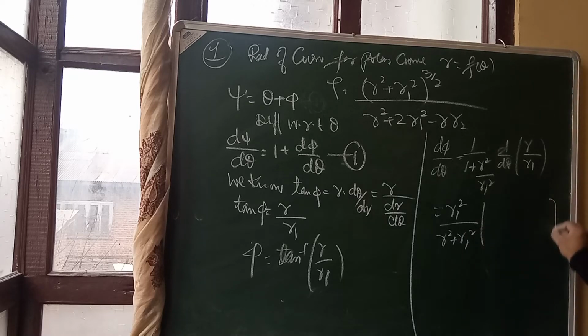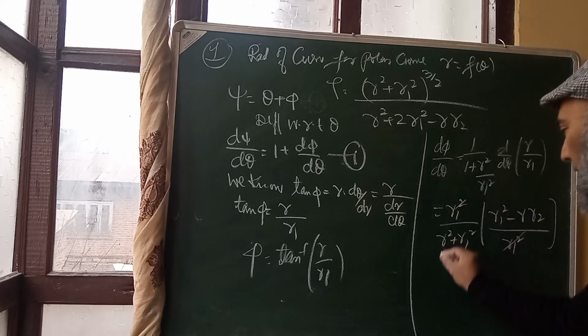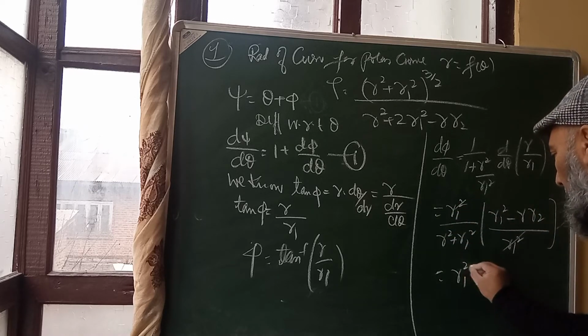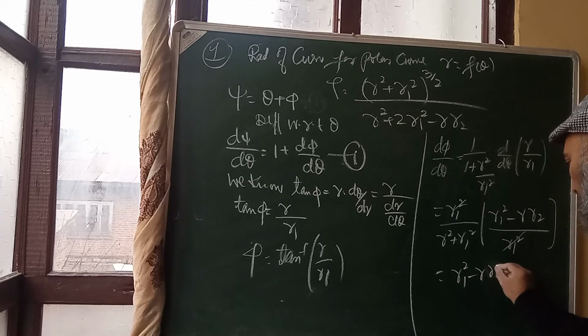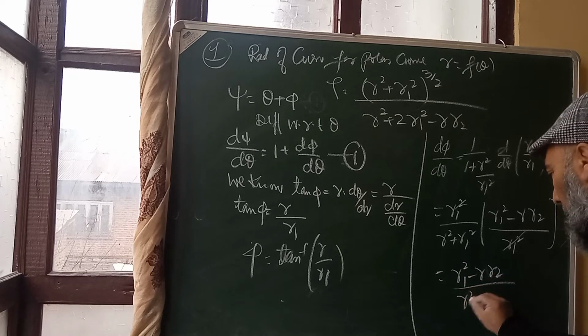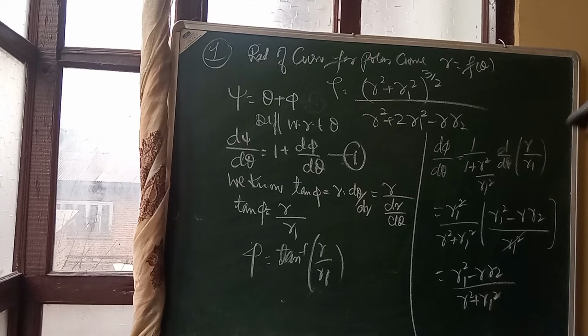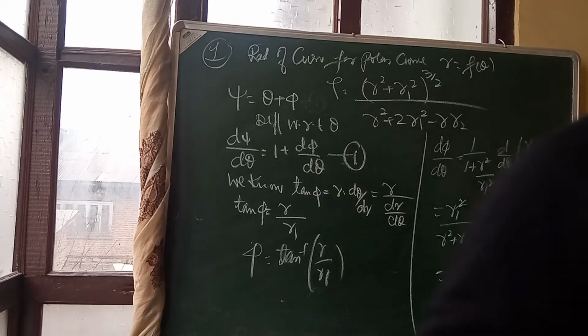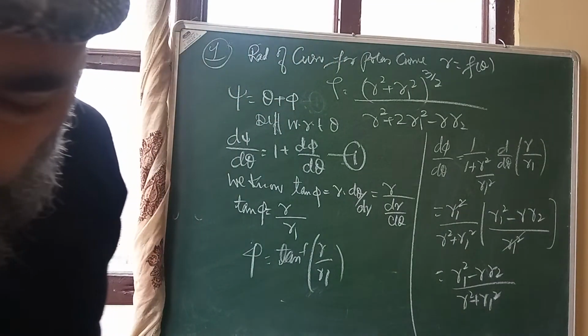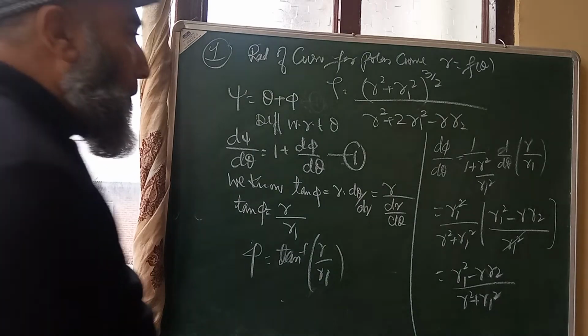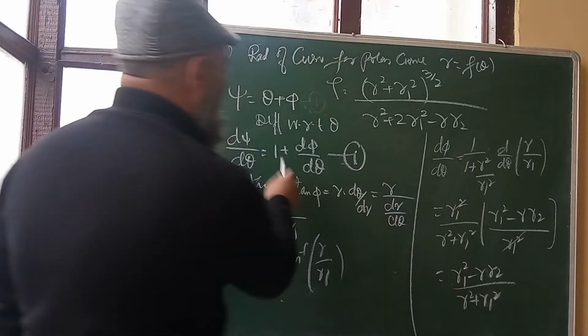Derivative: what is the derivative? It is r1 squared, derivative of r is r1, so it is r1 squared minus r as it is, derivative of r1 is r2. So finally this is (r1 squared minus r r2) over (r squared plus r1 squared). This is d phi by d theta. Now use this in 1.